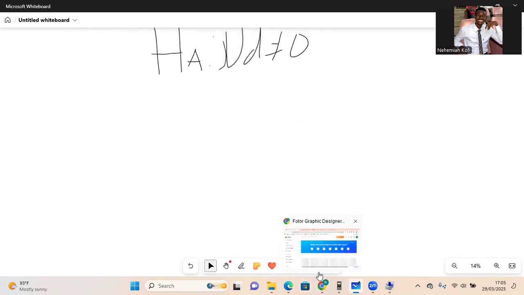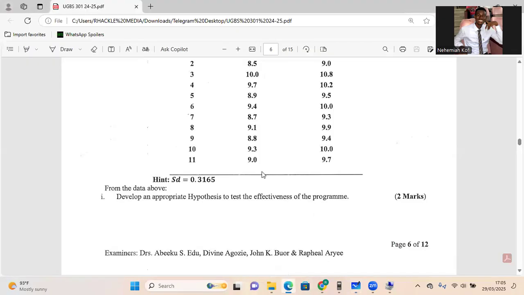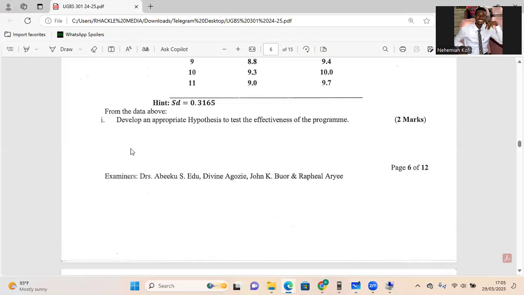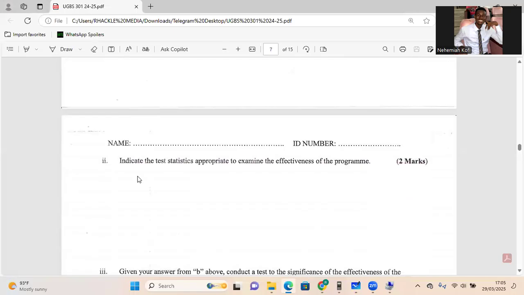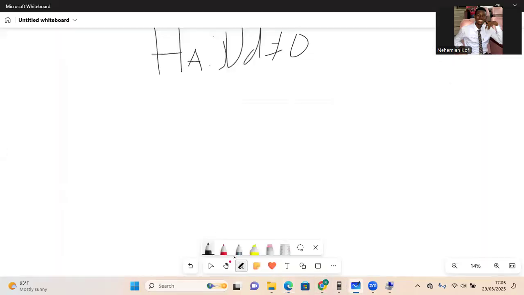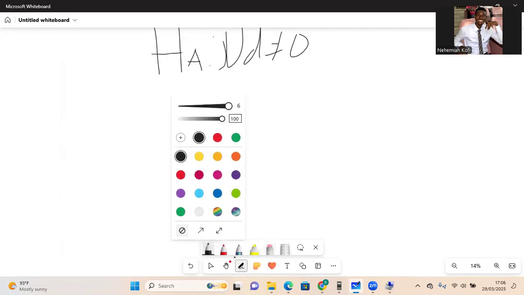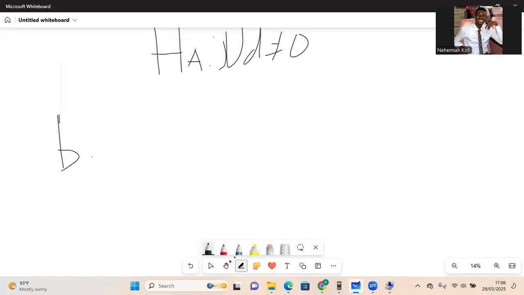Now let's look at something. B is saying to indicate the test statistic that is appropriate for examining the effectiveness of the program. The test statistic that we normally use to do this is the t test statistic.